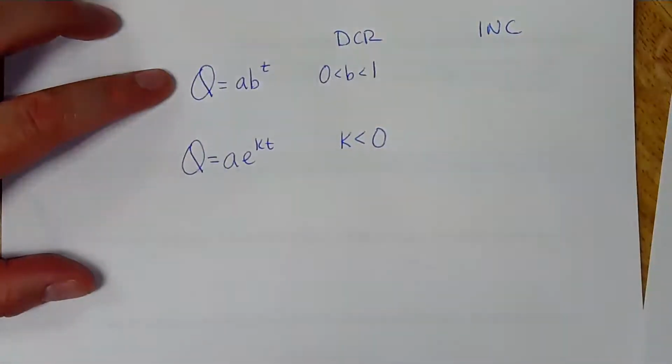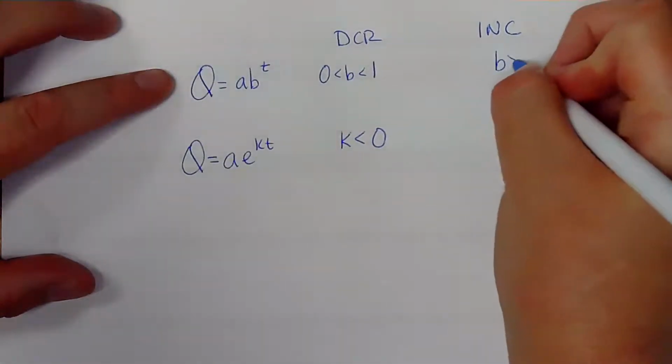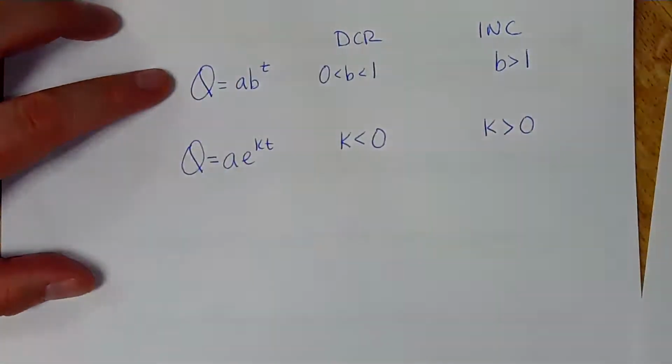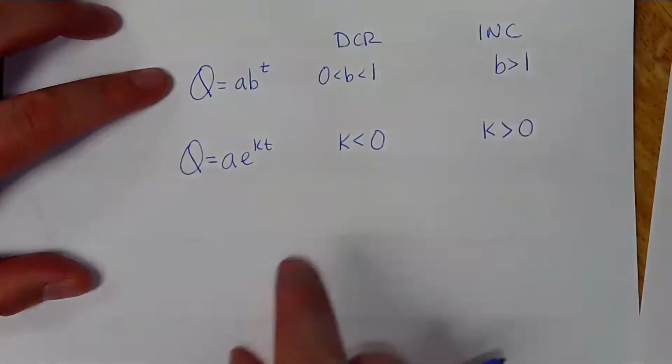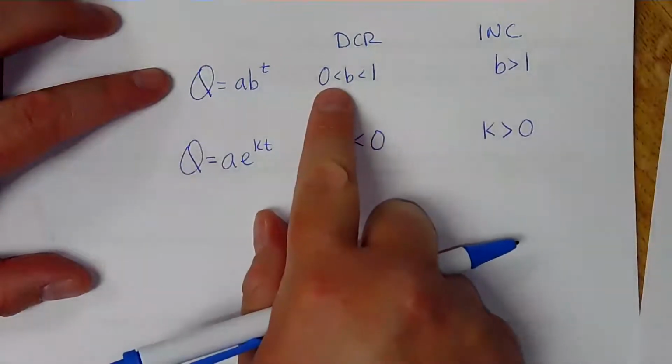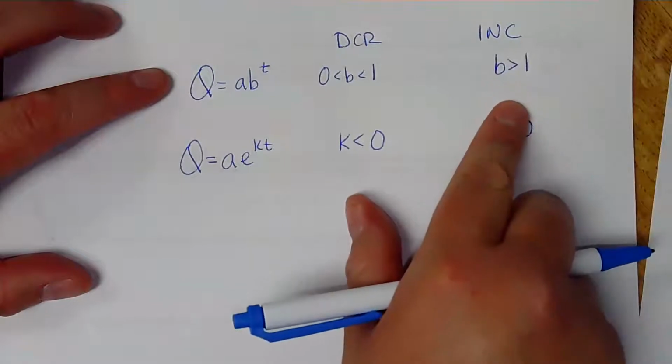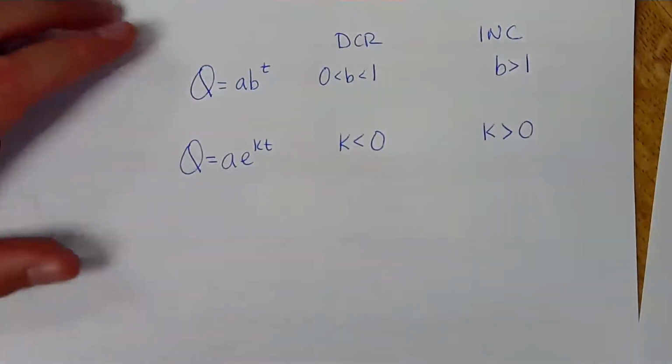So if k is negative. And we know that this is increasing if b is greater than 1, or if k is greater than 0, depending on which form we have here. Okay? So if I have a negative k, then that b had better be between 0 and 1. And if I have a positive k, then my b should be greater than 1. All right, so let's give this a try.